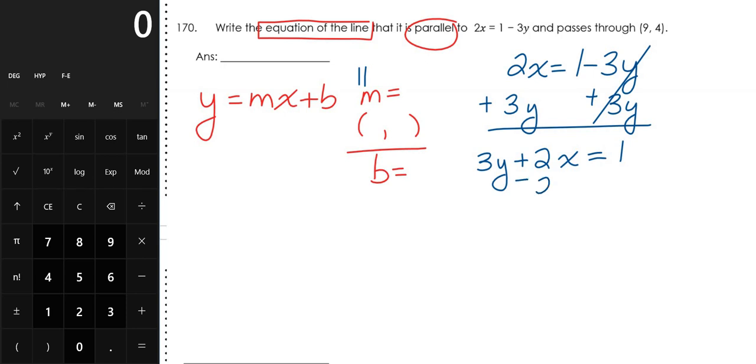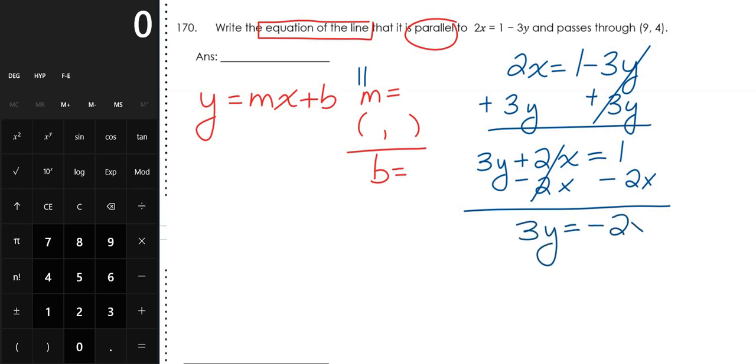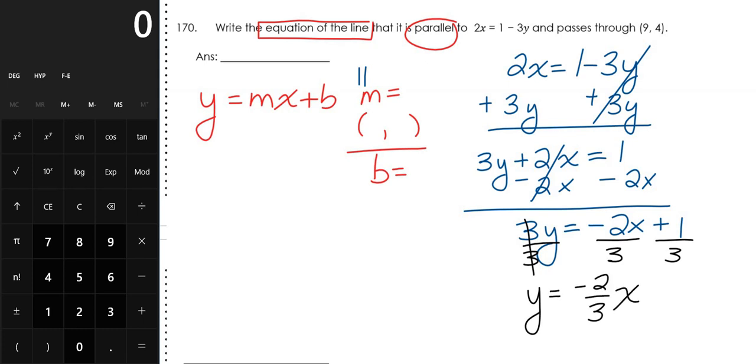So we're going to subtract 2x from both sides. So now we have 3y equals negative 2x plus 1. Your last step is going to be to divide every term by 3. So now we're going to have y equals negative 2 over 3 x plus 1 over 3.